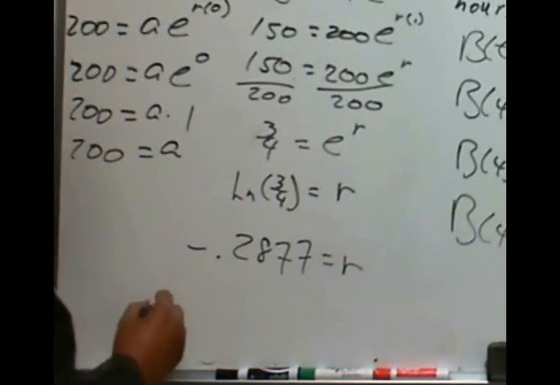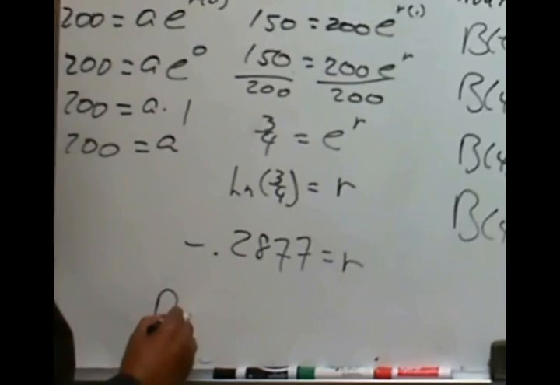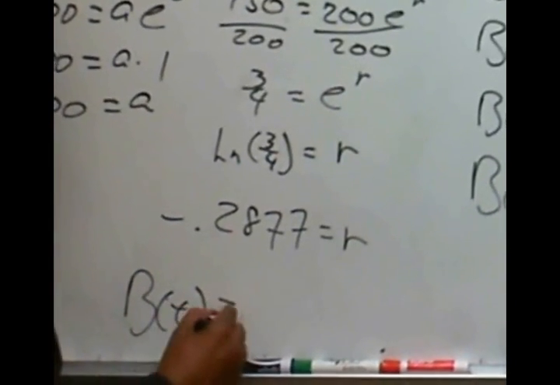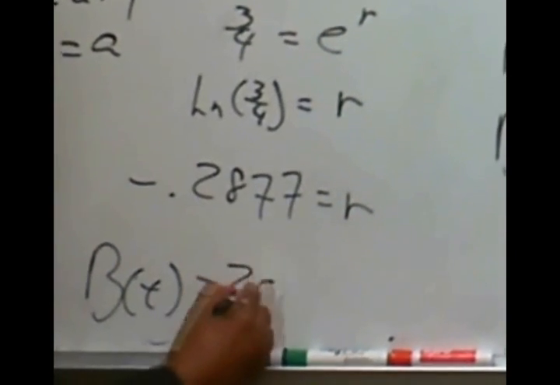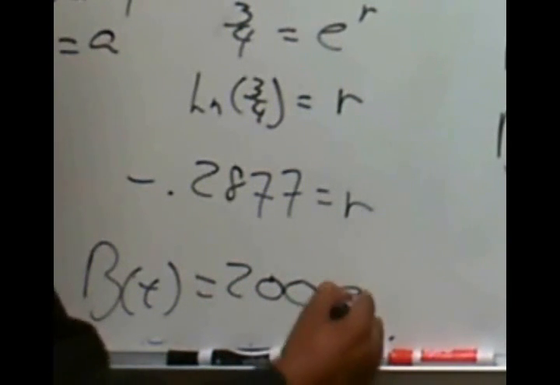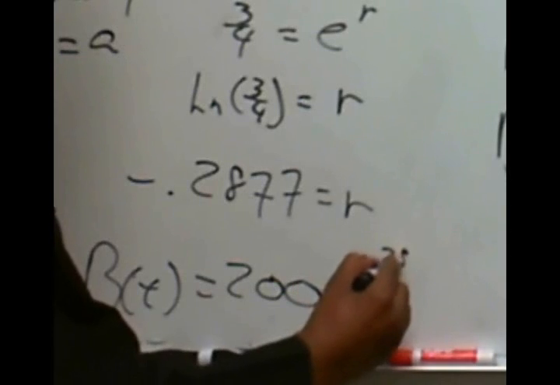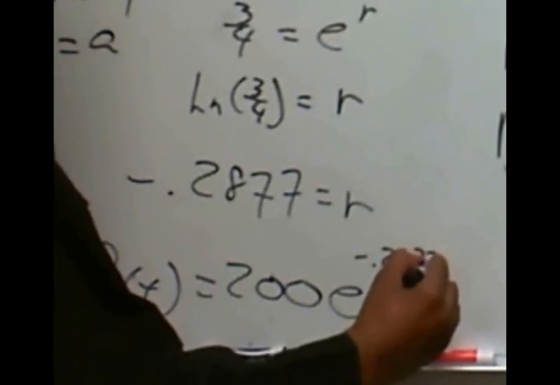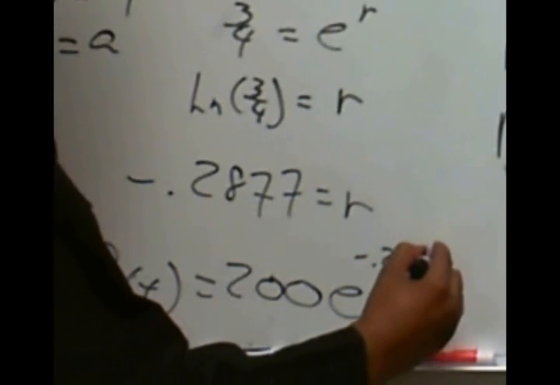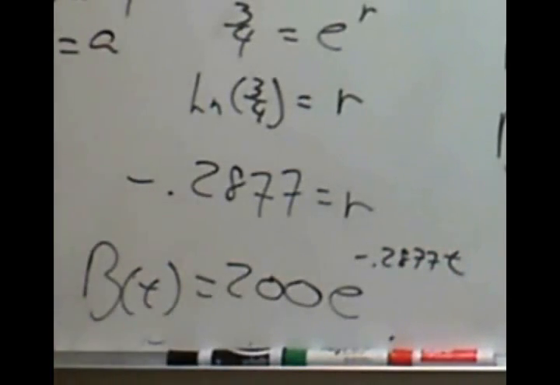This means that our function now is b of t equals a, which is 200, e to the r, which is negative 0.2877, and then instead of x, we're going to do a t. That's our function.